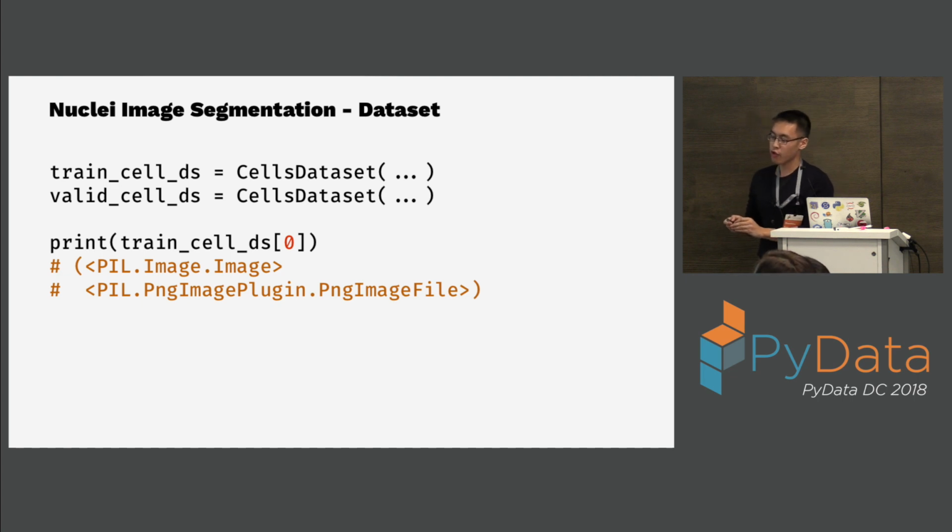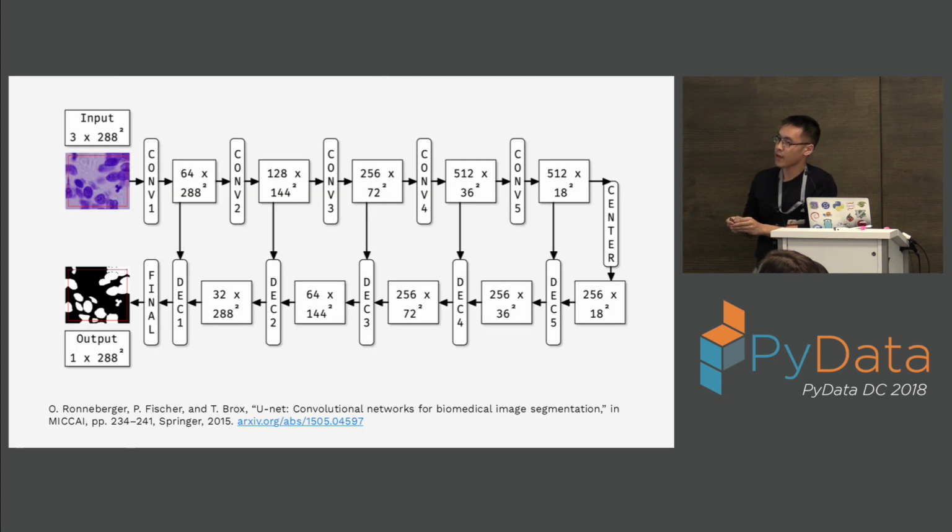For the model we want to train in this example, we want to train a UNet class neural network. It takes an image of size 3 by 288 by 288, runs it through nonlinear layers, and will spit out an image of 1 by 288 by 288.